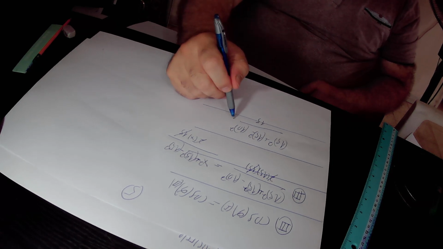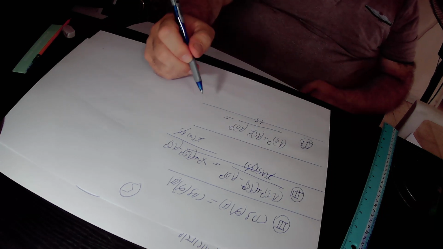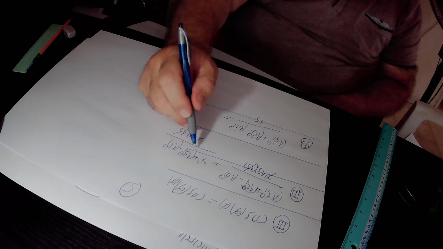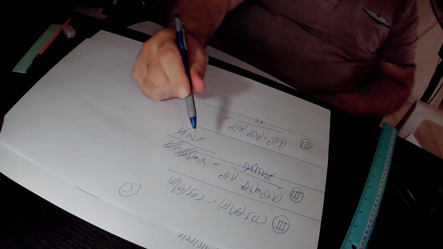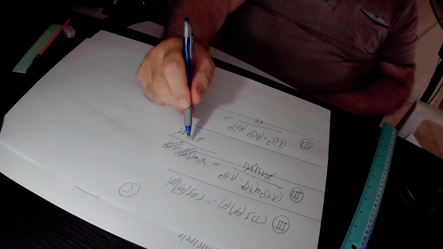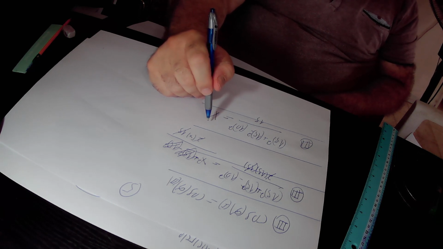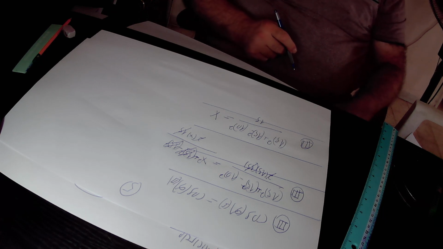On the other side of the equation, 15 squared minus 15 squared is 0. So in the numerator we are left only with x squared. So it is x squared over x, and x squared over x is x. So according to equation 3, we found that x equals 15 squared plus 15 squared minus 10 squared over 15.